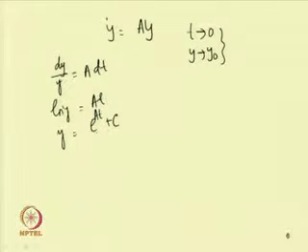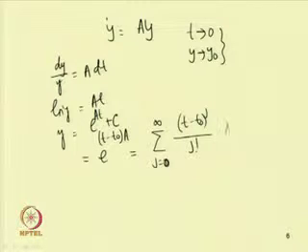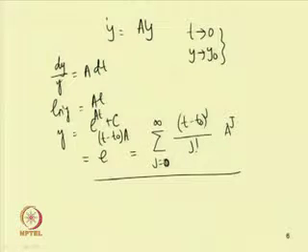The solution can be written as e to the power (t minus t0) A, which is the sum from j equal to 0 to infinity of (t minus t0) to the power j by j factorial, times A to the power j. One can get the solution from this equation.